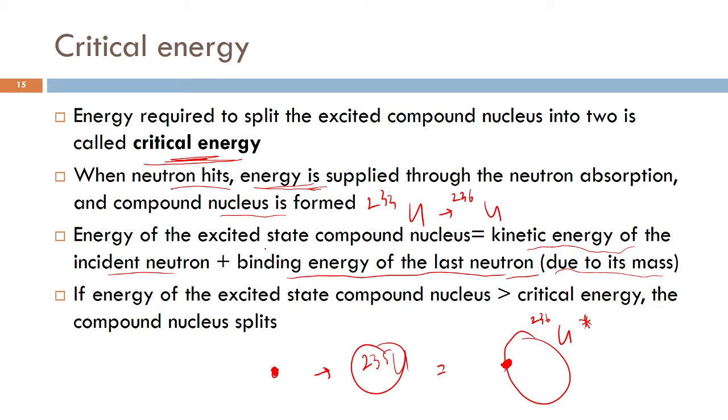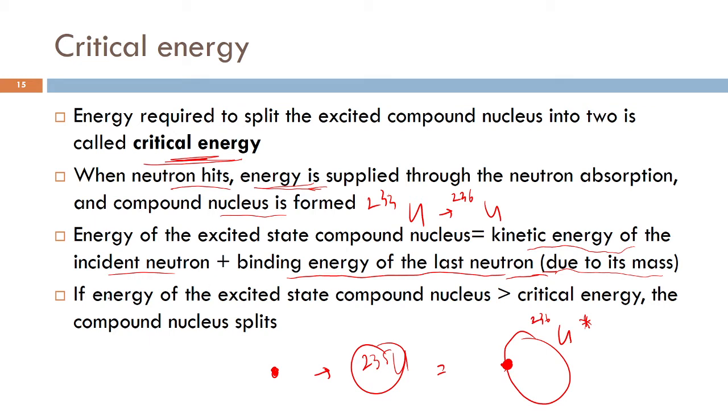So the energy of the excited state compound nucleus now is equal to the kinetic energy of the incident neutron and the binding energy of the last neutron, due to the mass. So this neutron contributes to the mass of the uranium 236.